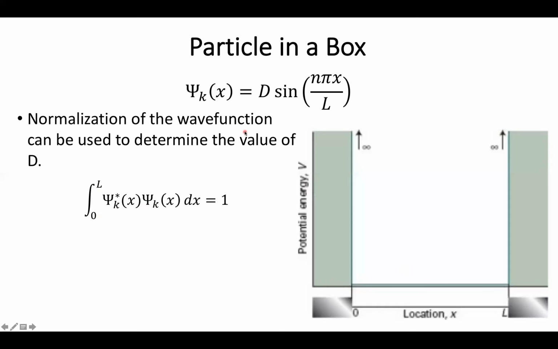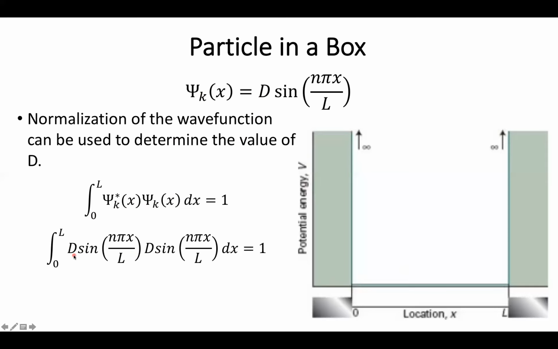So we can go ahead and input our value of psi into our equation. However, it is worth noting that here we are lucky, because we're assuming that d is going to be a real value, so no imaginary numbers. And if we do that, then we don't have to worry about complex conjugates. That's a big blessing.